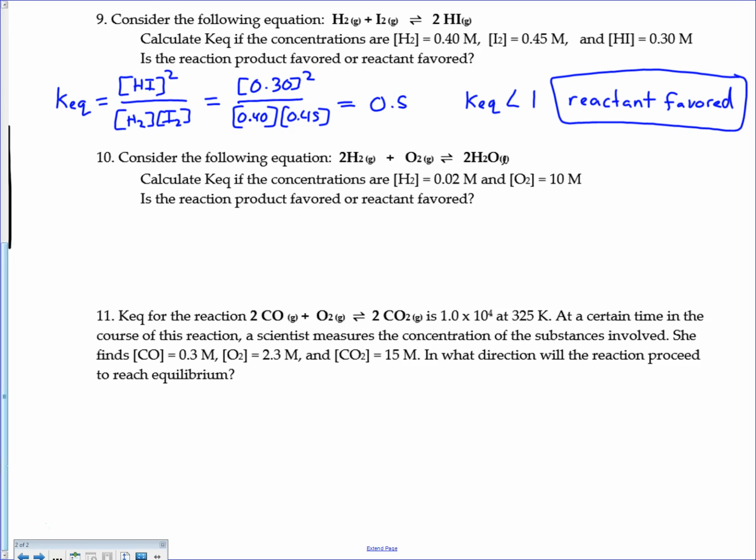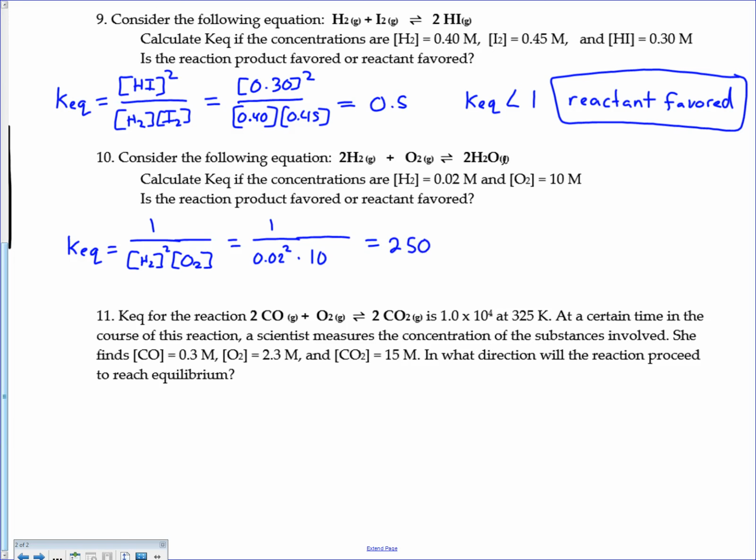So what we get here is KEQ equals 1 over the concentration of H2 squared, because it's got a coefficient of 2, times the concentration of O2. Plugging numbers in there, I get 1 over 0.02 squared times 10. Calculate that out, and I get 250.